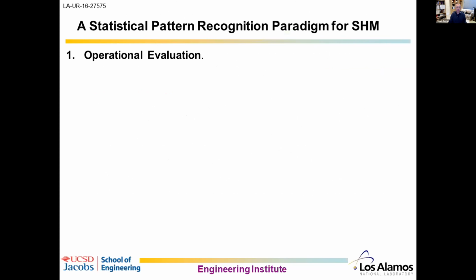Okay, so how do you actually implement that paradigm in a structural health monitoring setting? So I think there's 4 steps that you have to include, and whether people explicitly call them by these names, that's another issue, but I think that you really have to have all of them.